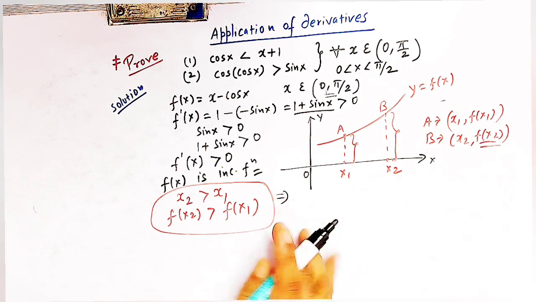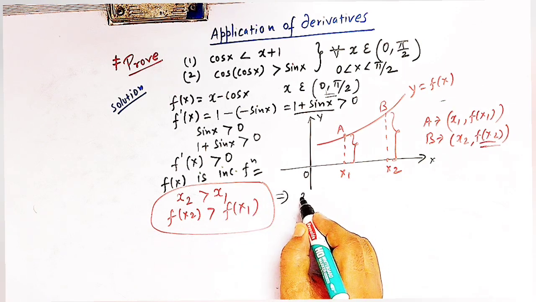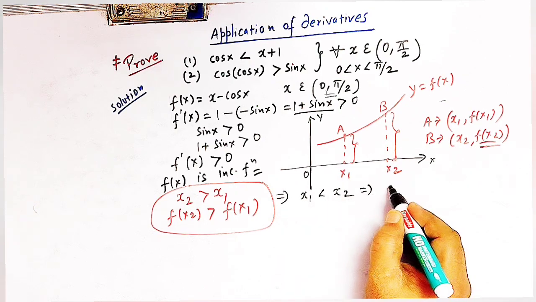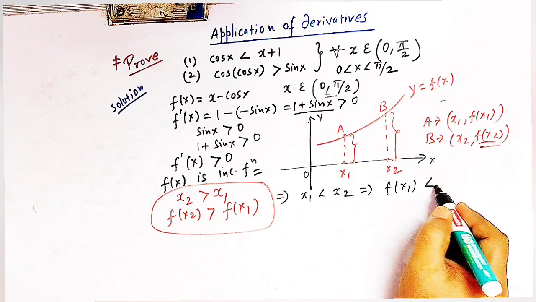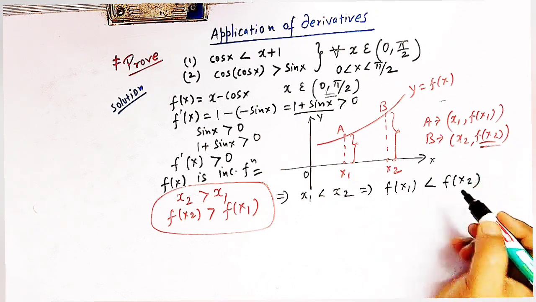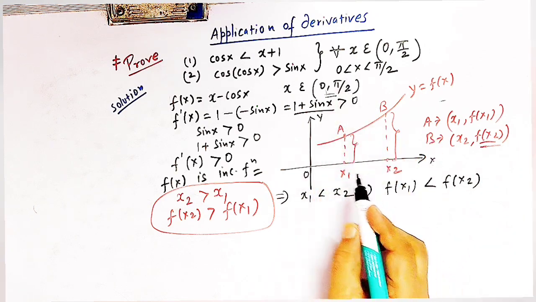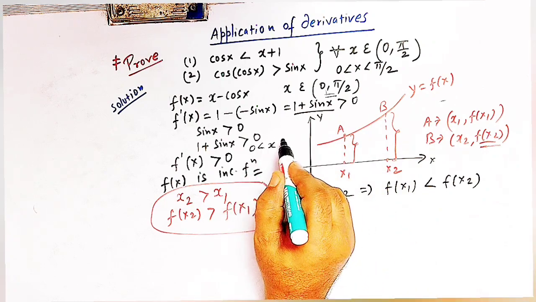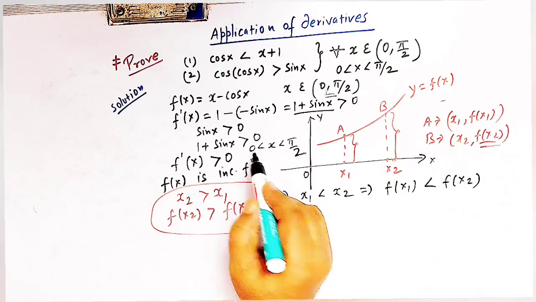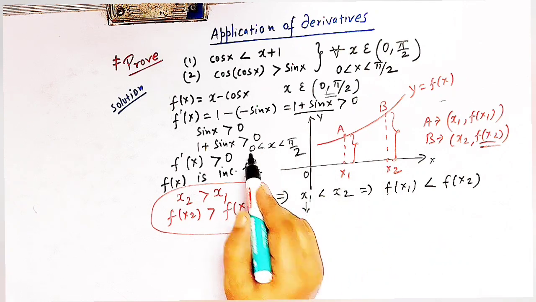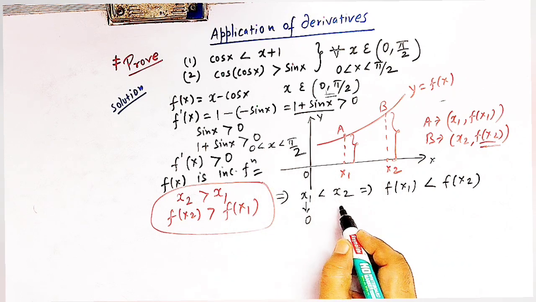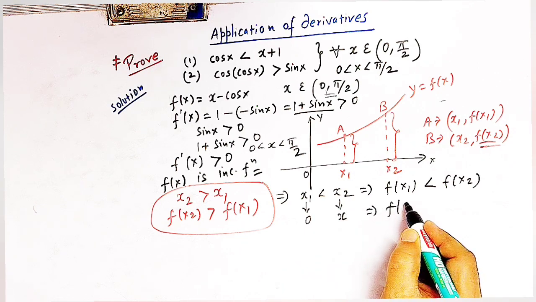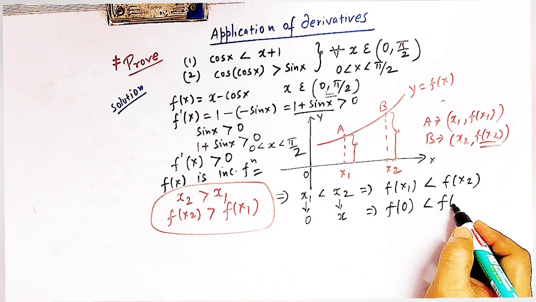So we can write this expression as x1 is less than x2 implies f of x1 is less than f of x2, right? And here we have this inequality, that is x greater than 0 and less than pi by 2. So let us take x1 as 0 and x2 as x, right? So we have f of 0 is less than f of x.